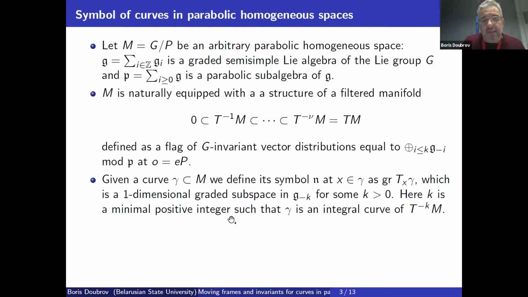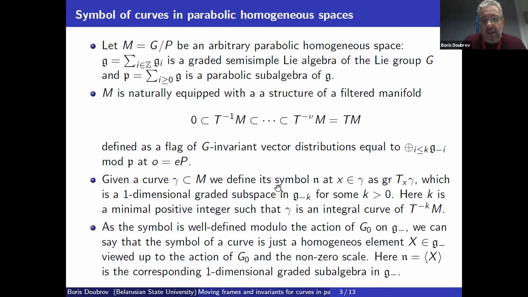Here k is exactly this minimal positive number such that gamma is an integral curve of T^{-k}. But because we take a graded subspace associated to the tangent line, we kill all the tails, so we are left only with a homogeneous part of this tangent line. So essentially, it's just an element in g_{-k}.